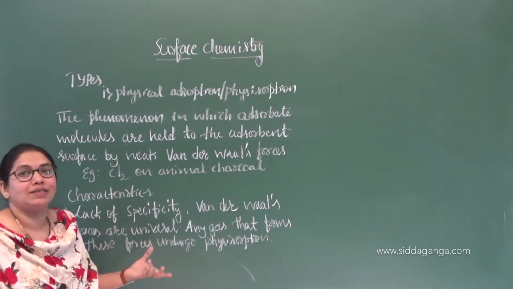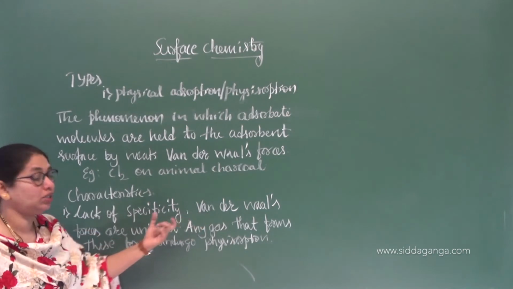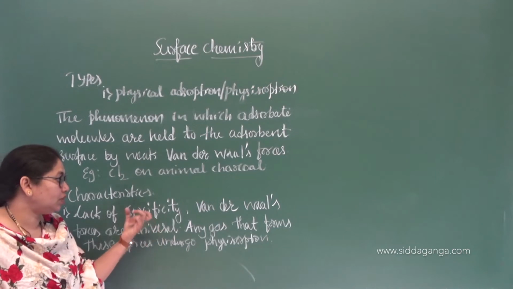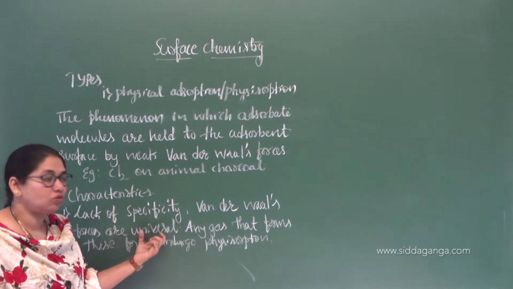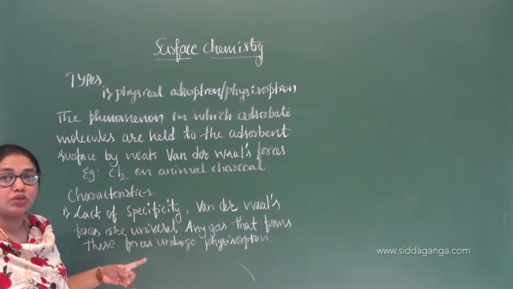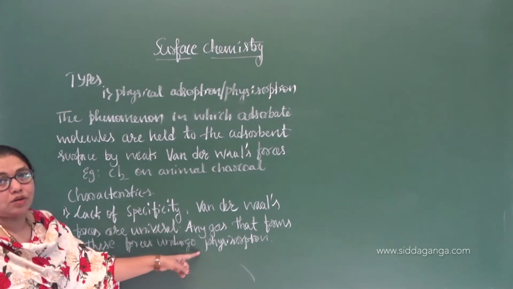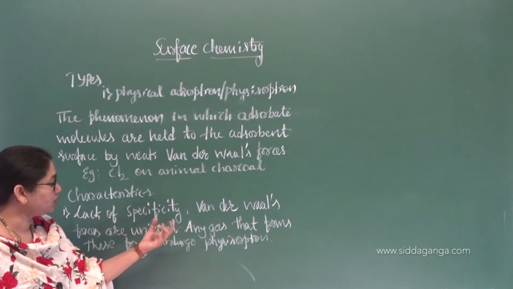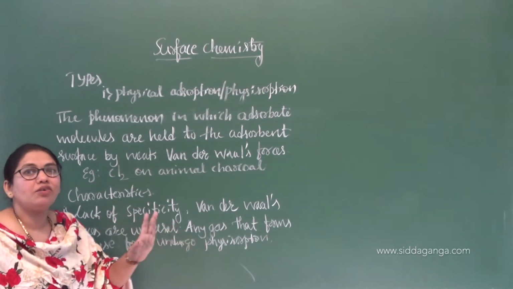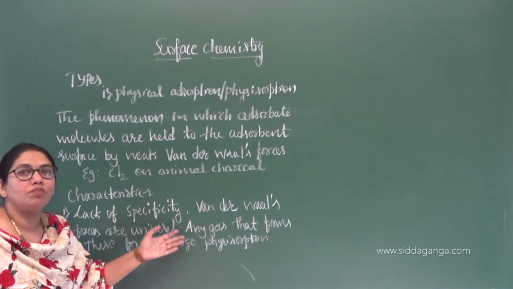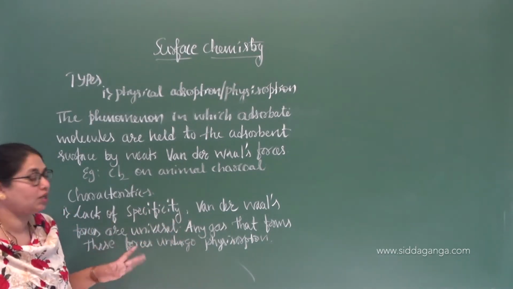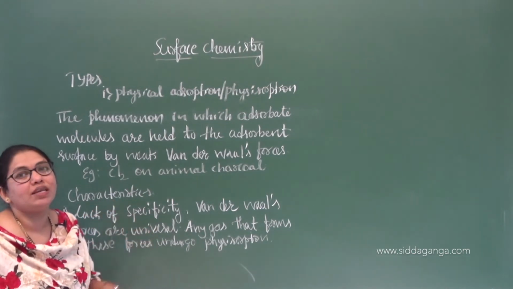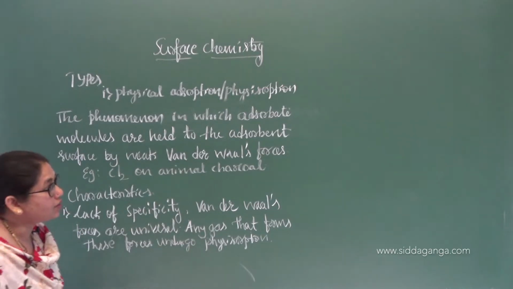Whatever the gas may be, because they are weak forces of attraction, they are present in almost all compounds. That is the meaning of the word universal. So any gas which forms these forces will undergo physisorption. That's why it is not specific, it is not fixed. That is called lack of specificity, or you can say it is non-specific in nature.